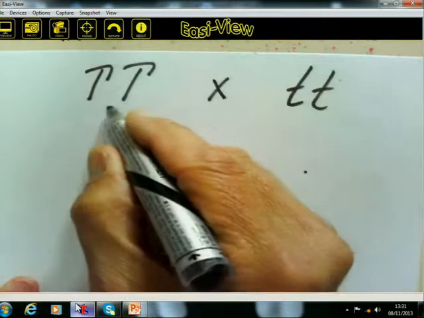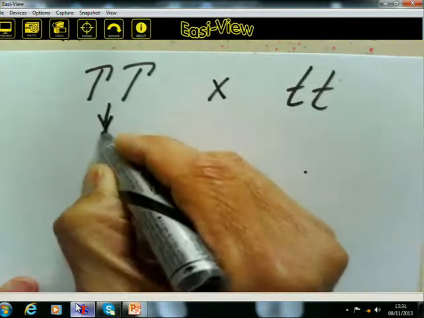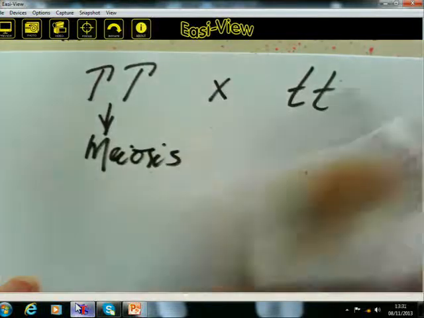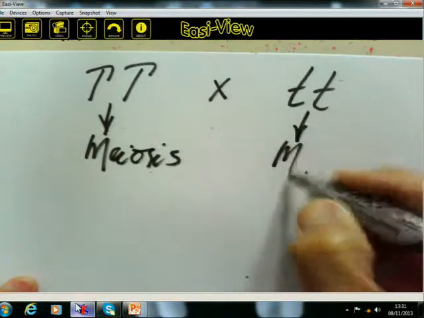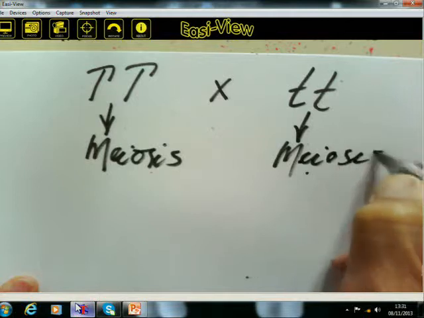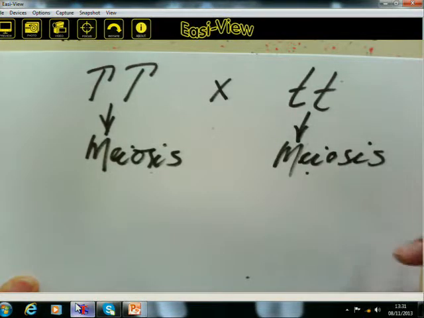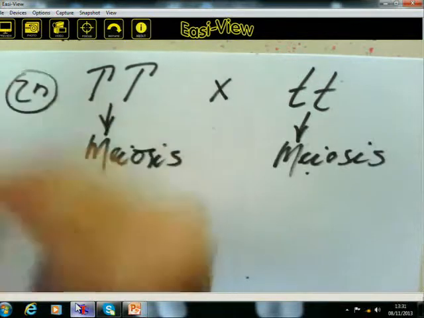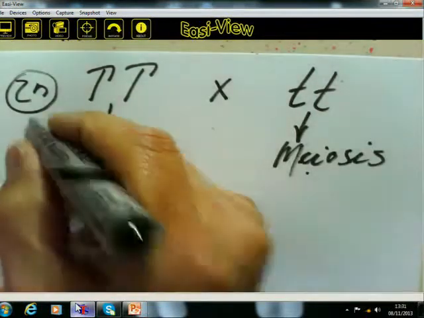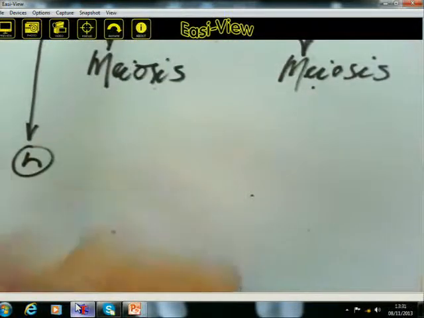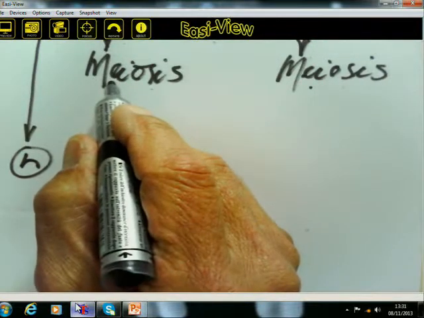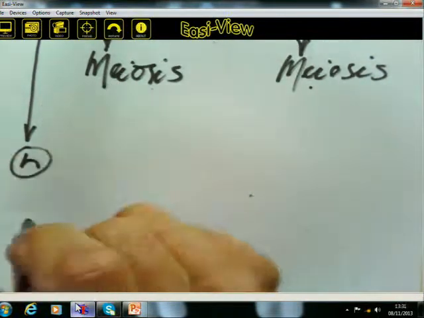Bear in mind that meiosis will occur there, meiosis will occur there. So it means that from the diploid set of chromosomes, we will go to a haploid set of chromosomes, because the process of meiosis reduces the number of chromosomes.